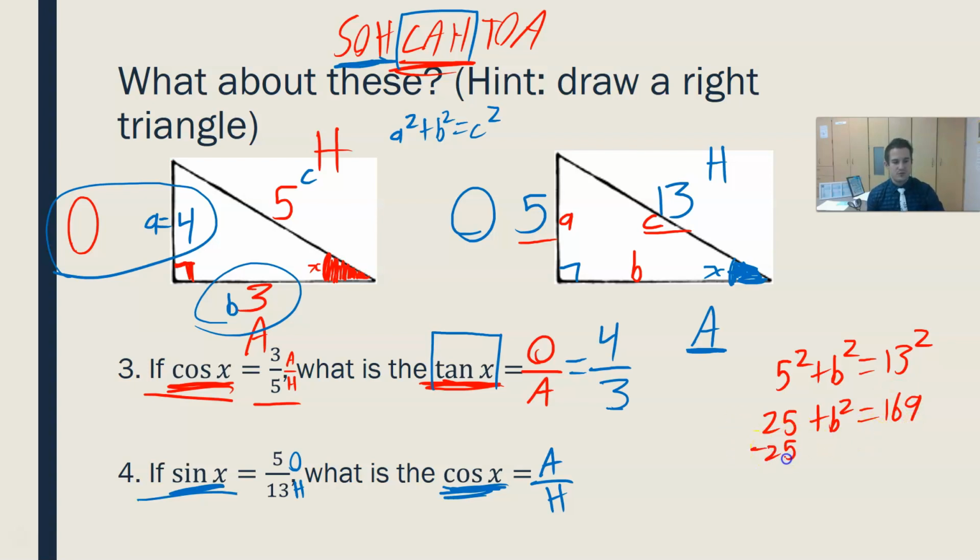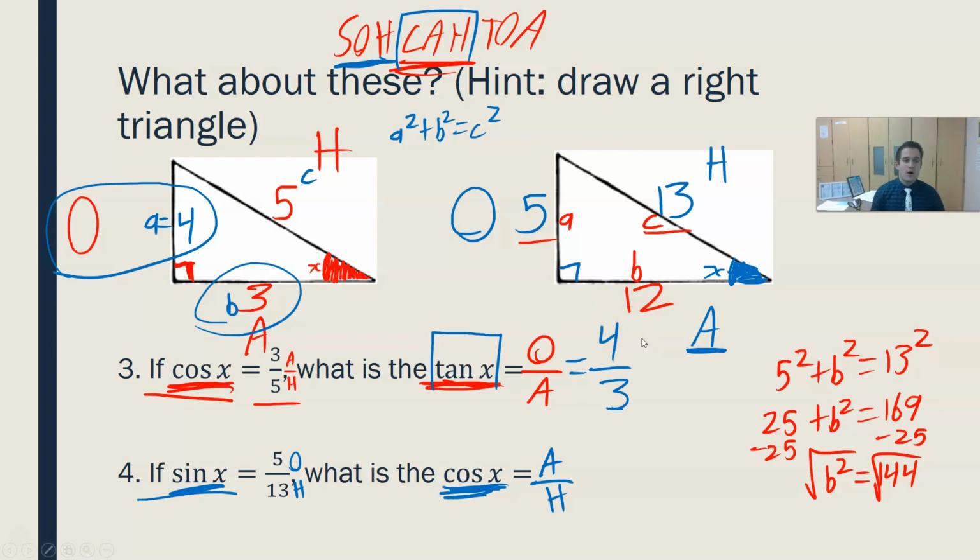I subtract 25 on both sides, which gives me b squared equals 144. Then I square root both sides, and the square root of 144 gives me b equals 12. So this missing side is 12.